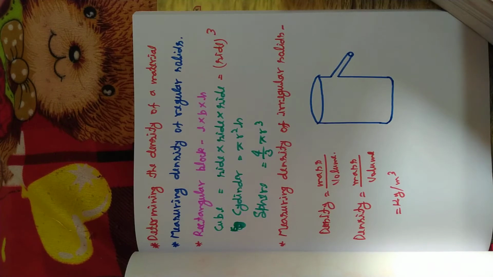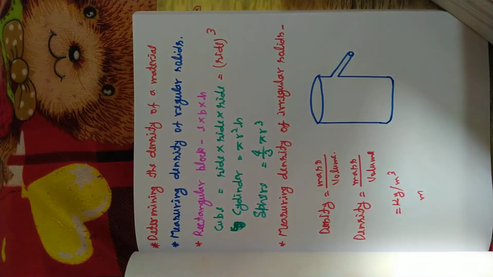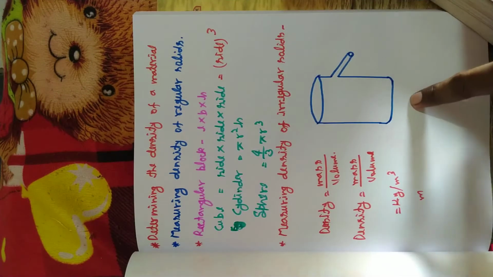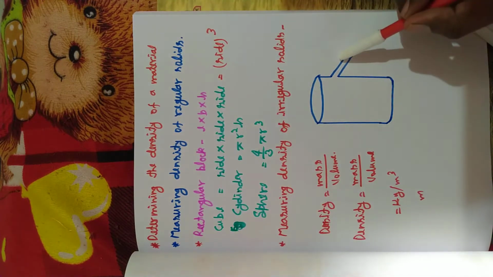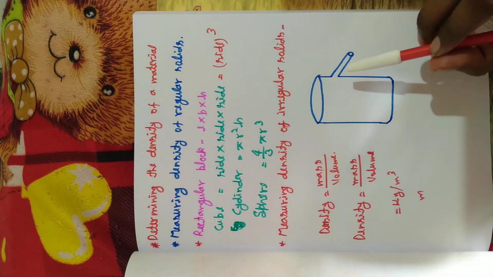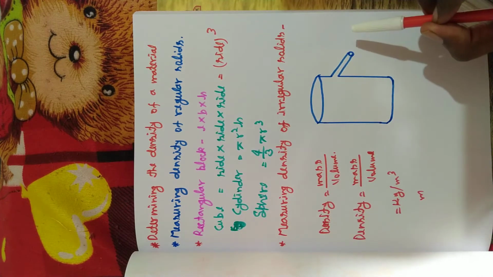Suppose the mass of the irregular solid is small m. To find the volume of the solid we use the Eureka can. It is a can with a spout near the top. Fill the Eureka can with water until water starts to flow out of the spout.